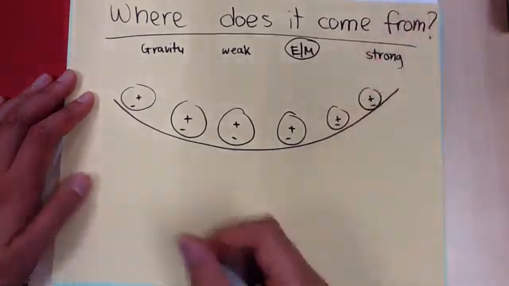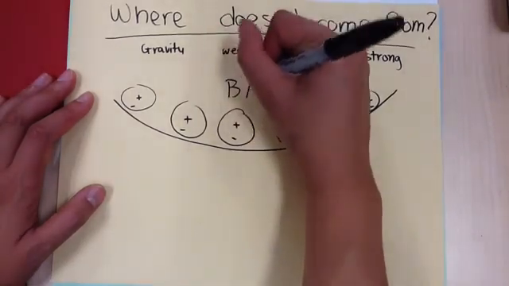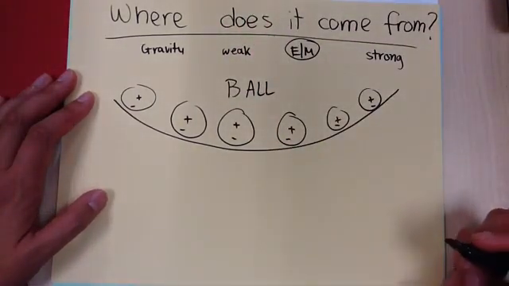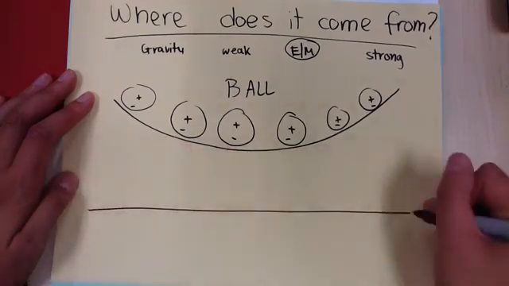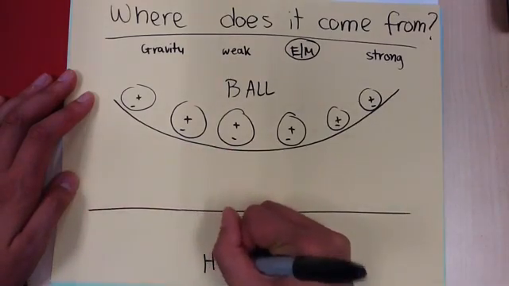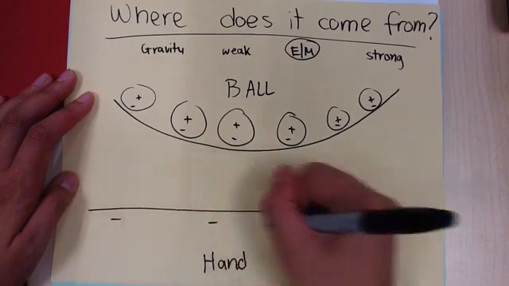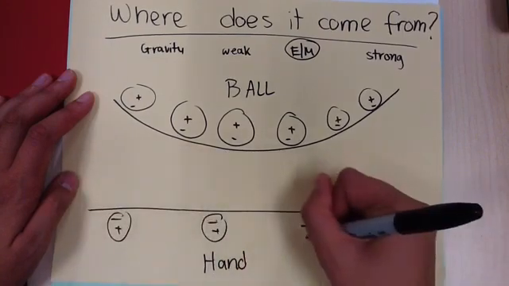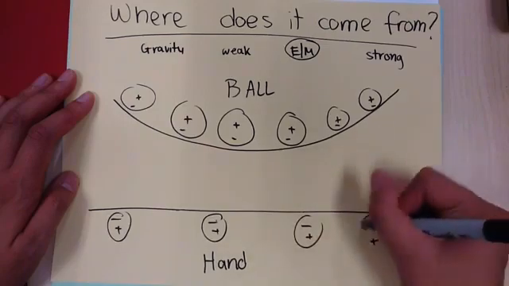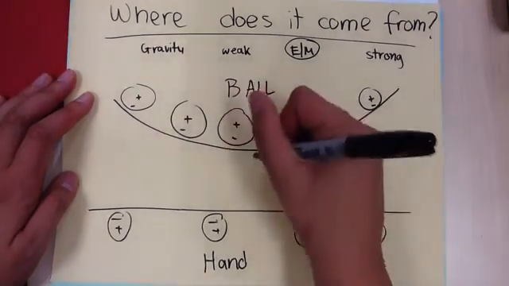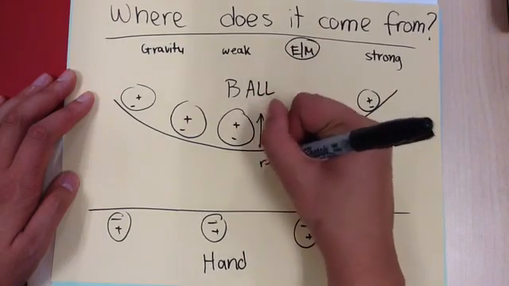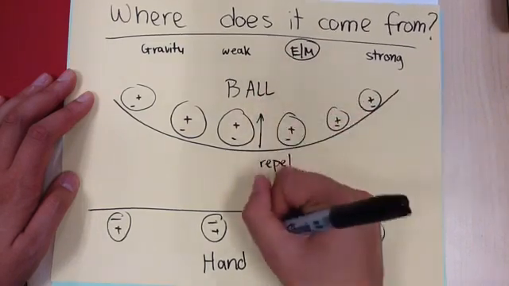So if I were to look at the ball from a molecular perspective, it just looks like a bunch of electrons. So when my hand is here, the electrons in my hand, which are paired up with their little proton pairs, repel. That means the ball gets pushed up, and actually my hand also gets pushed down.